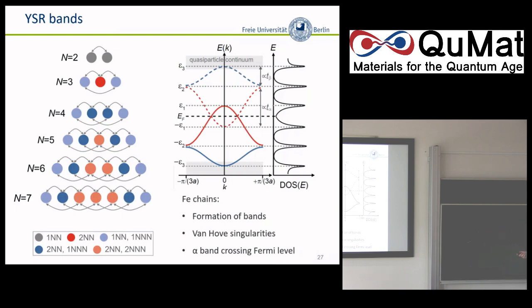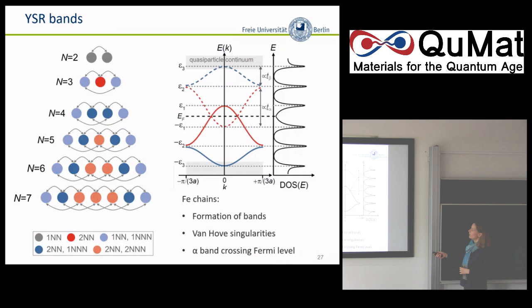These are the bands that you should get, and they have, of course, a certain bandwidth. Now, what you see most pronounced in a tunneling experiment is, I mean, we are not K-resolved, we just see the whole local density of states. You should see these van Hove singularities the strongest. And well, this is kind of what we see as the limit of these bands.